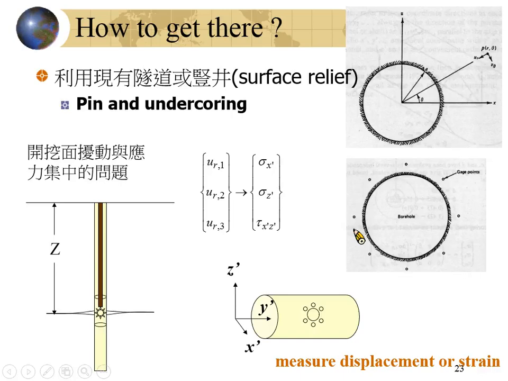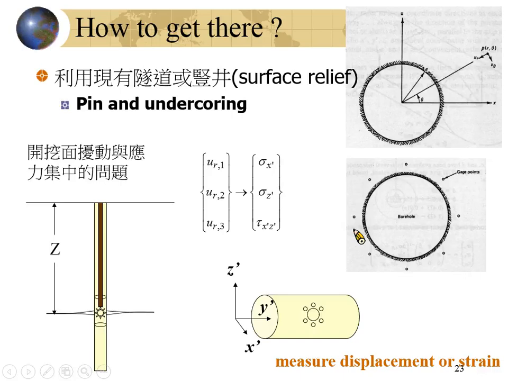Or you can put the strain gauge on the surface of rock, at the tunnel wall or at the roof of the tunnel. And you try to overcore it, and the stress will relieve. Where does the stress relieve? Around the tunnel wall, the tunnel surface. So we call it the surface relief.